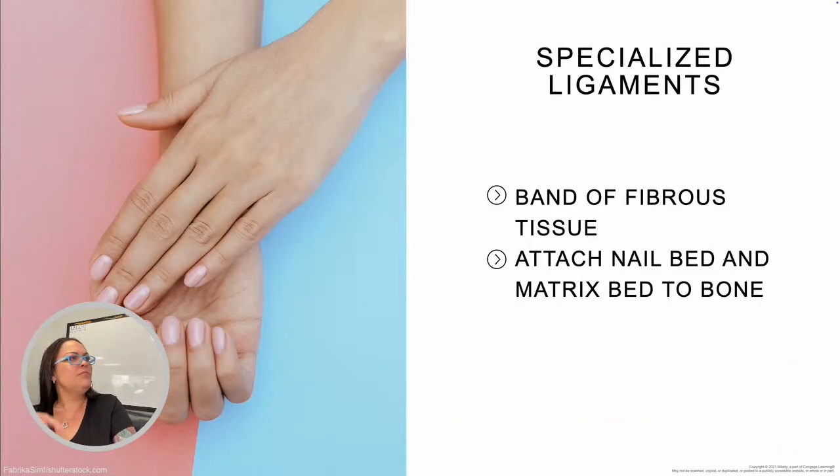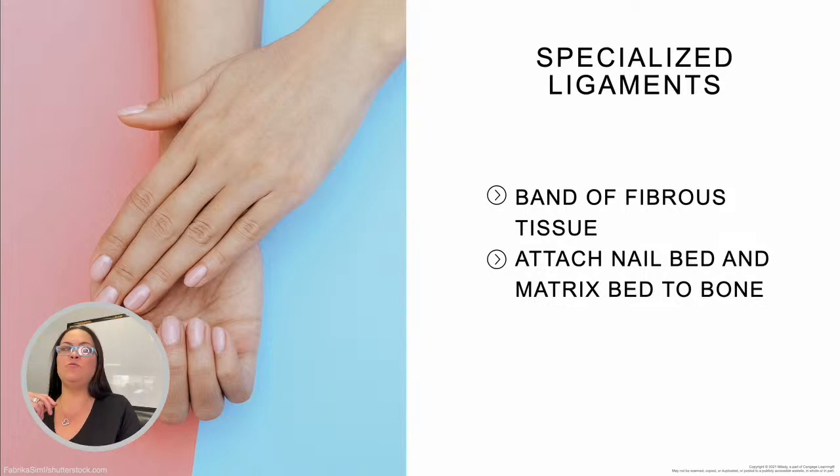Now, there are some ligaments in your fingertip that literally hold that nail plate down to your bone. If you've ever seen a nail that has been snatched out of a finger, and this happens a lot when the entire nail gets snatched out, especially if you're using MMA, if it's a really bad traumatic injury, you might actually see that ligament.